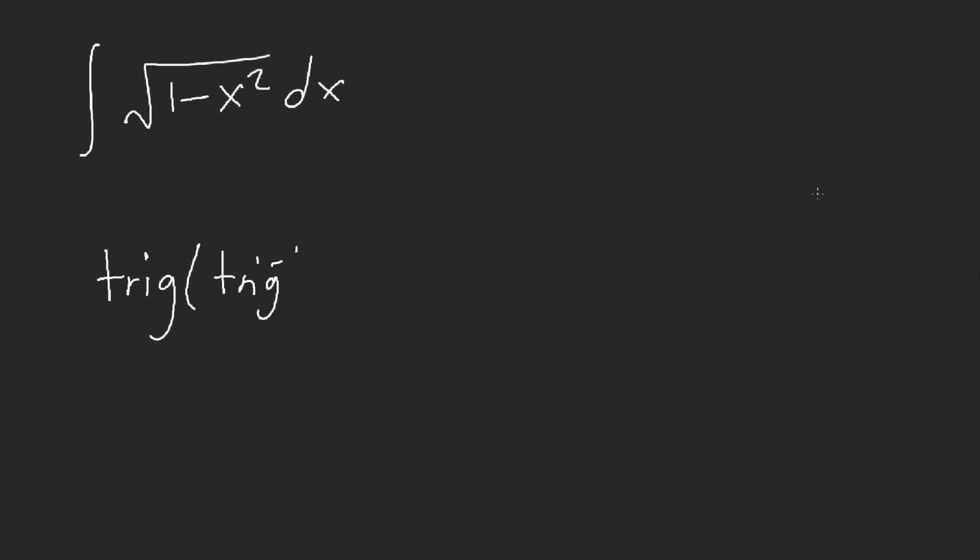but this is pretty much square root 1 minus x squared, right? If you have a trig and then a trig inverse, or some sort, but it's like a different trig, right?